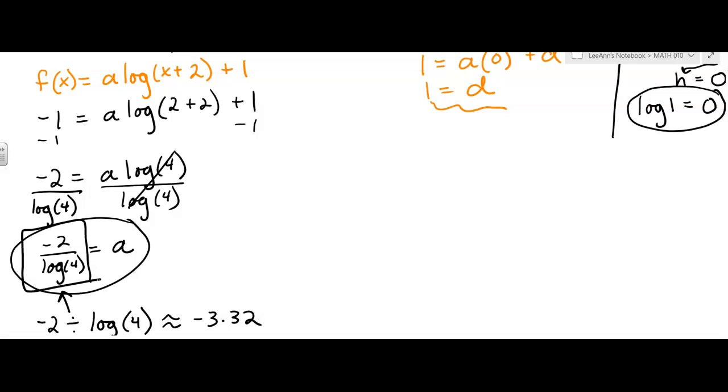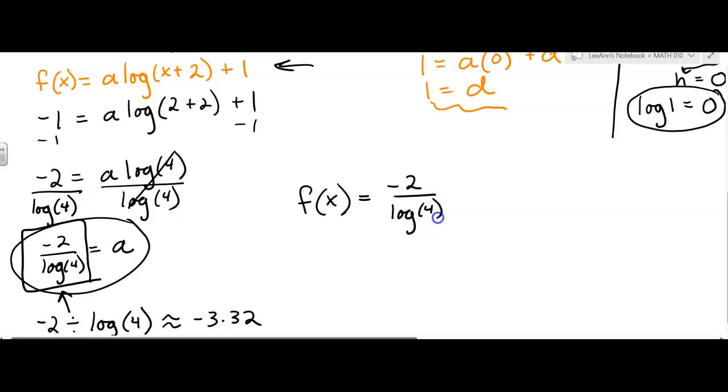Okay, so we have found a value for a. So our final answer is going to be, if we take from here where we had c and d already filled in, but now we're going to plug in a. We're going to have negative 2 over log 4. And that whole expression there is the value of a. It's just a value.